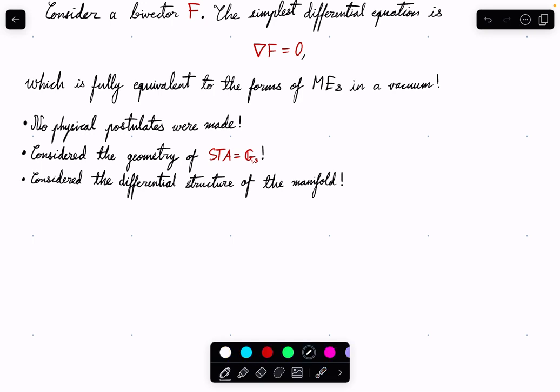You can actually construct the same equation without saying that it's equal to 0, so you can reason for Maxwell's equations outside of a vacuum, using only geometry as well.